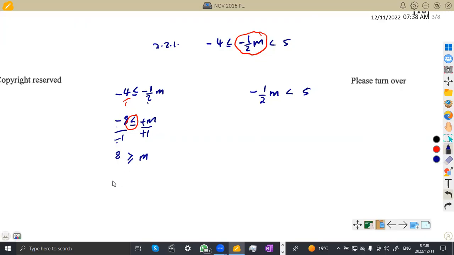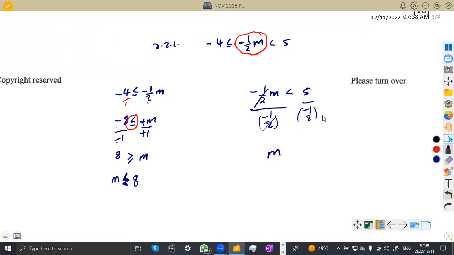So this here we can even write as m is less than or equal to 8. It's just one and the same thing. The arrow is still looking directly at m. We do the same for the other one. Just like I said, guys, we can simply divide by -half directly. It was to cross multiply, but you can just divide by -half.